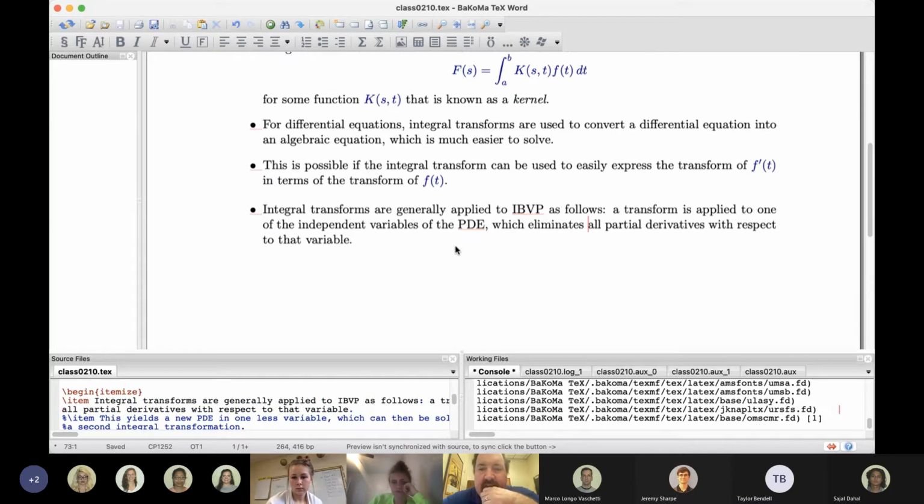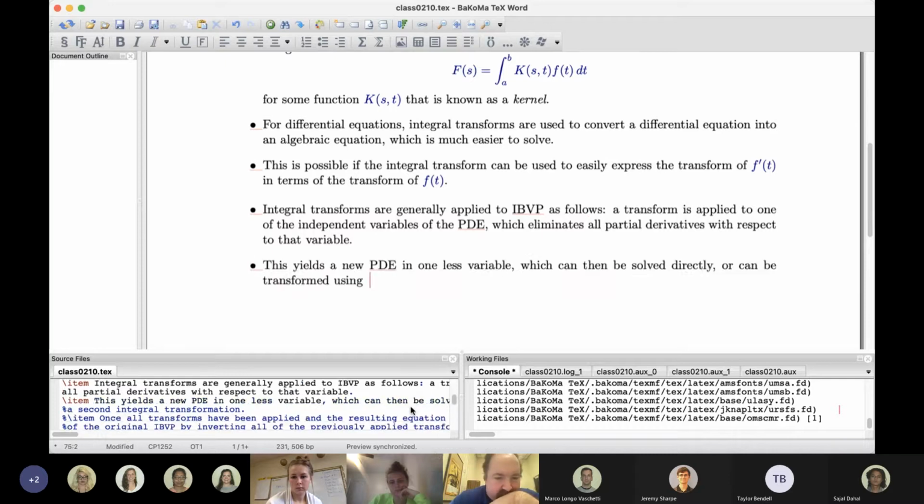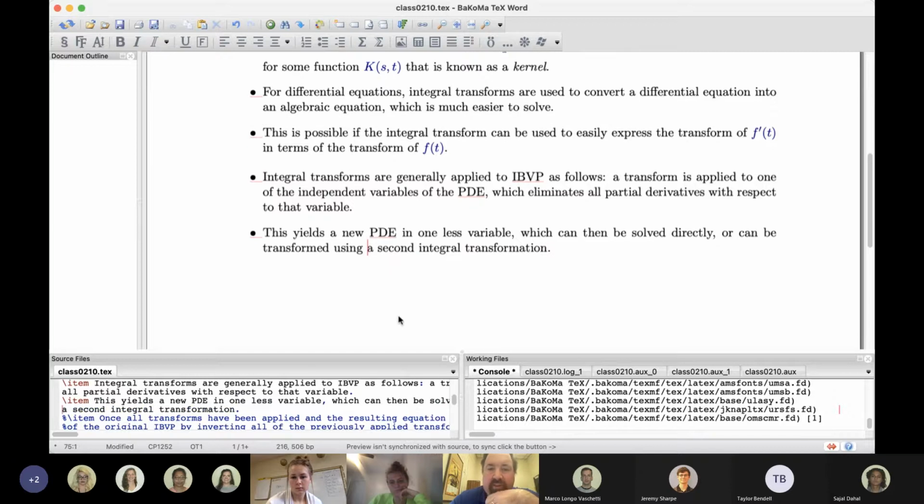So for instance, if we have a heat equation, u_t is alpha squared u_xx, we can apply a transform to x. So that's going to get rid of all the partial derivatives with respect to x. If that reduces our PDE to an ODE, we can just solve the ODE.